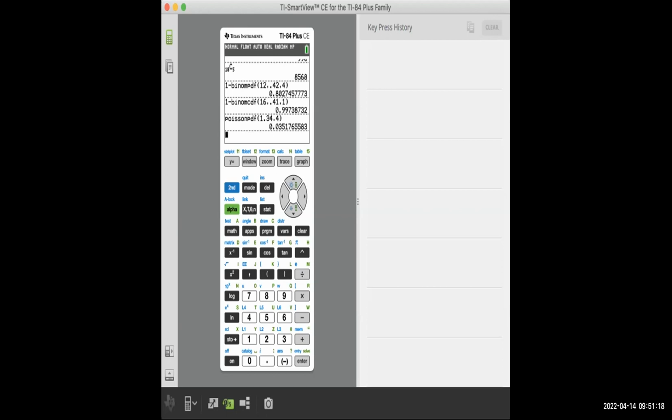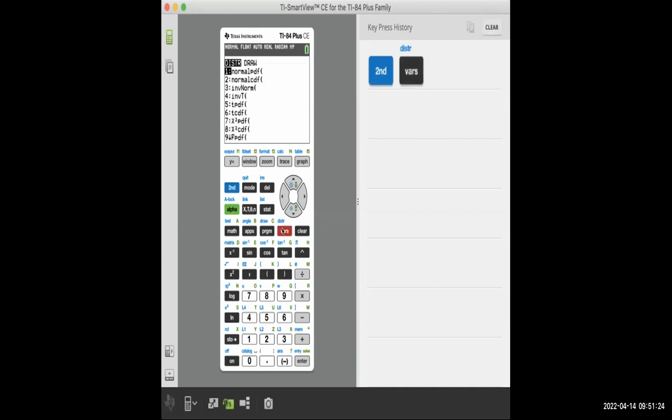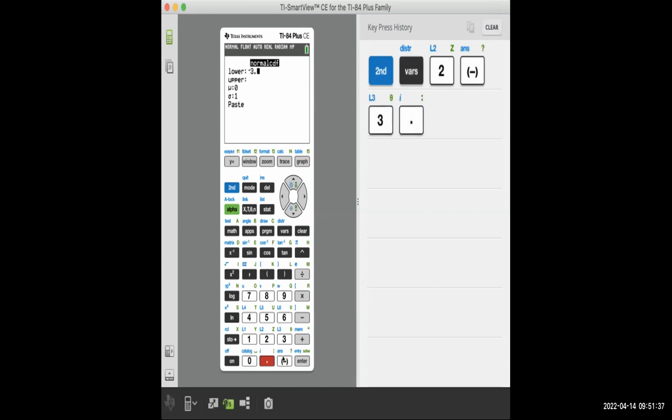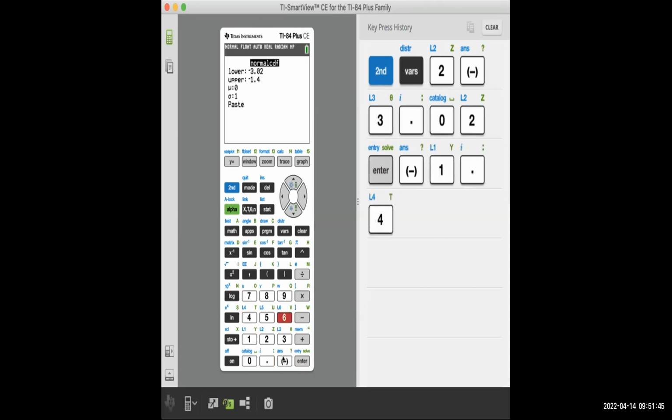Let's click on normal CDF, so second, distribution, and then select normal CDF. We want to go from negative 3.02 to negative 1.46, so I want the area between these two.